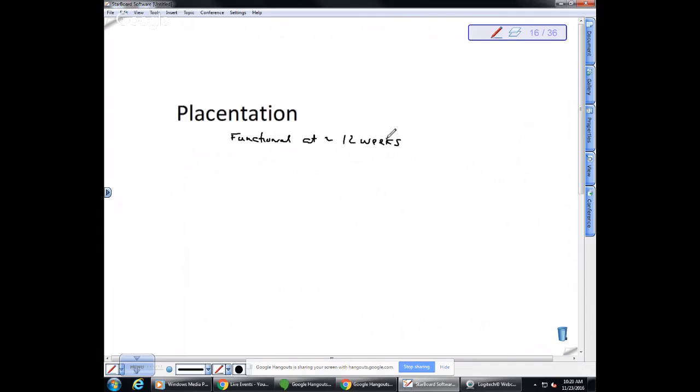And it has two parts. The maternal portion of the placenta is called the decidua basalis.